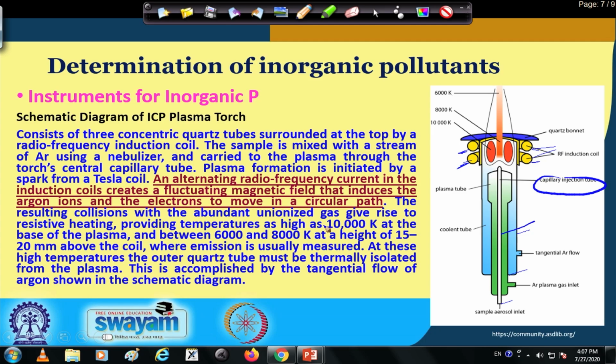So, what happens? There is a Tesla coil, and plasma formation is initiated.